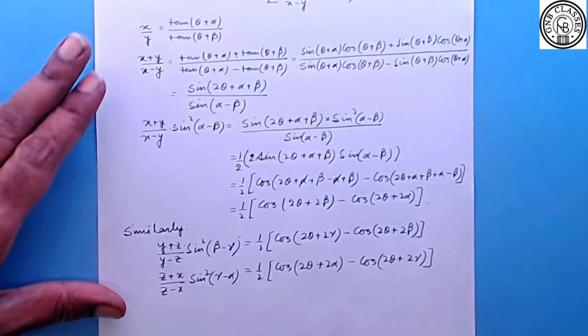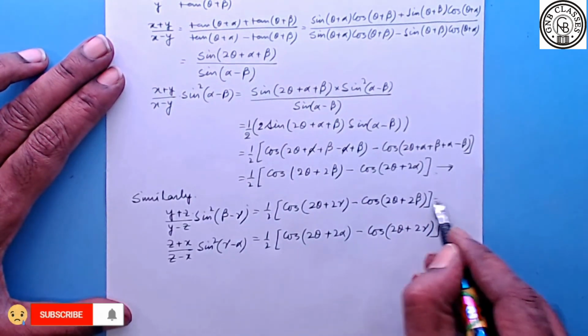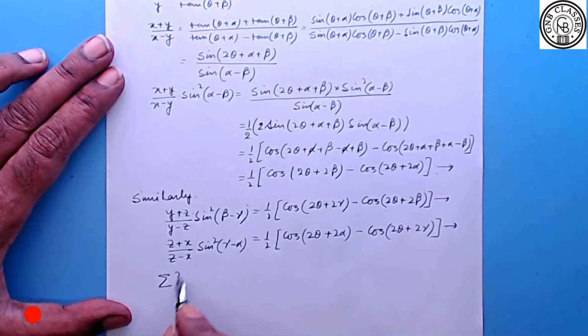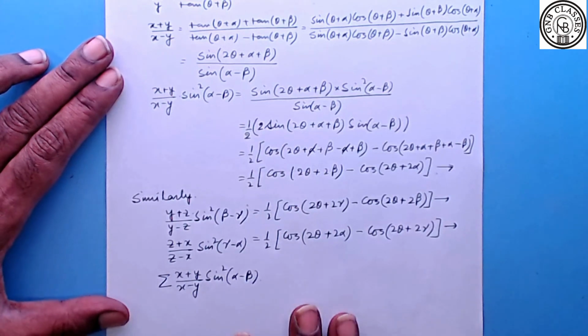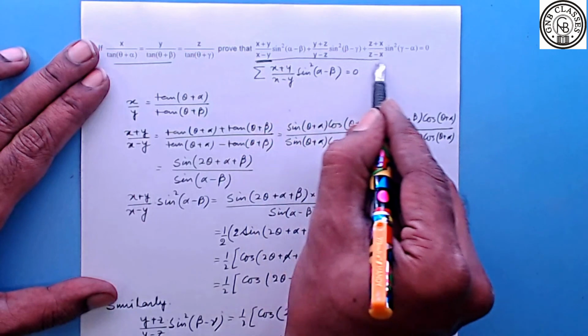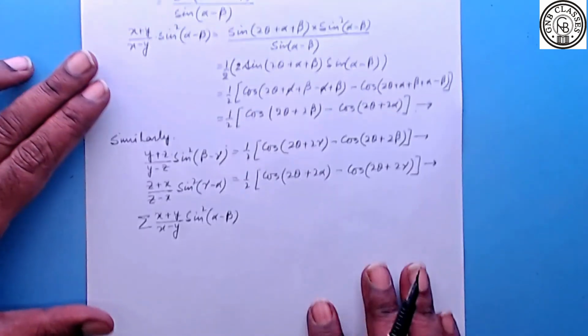Is it okay? Now if I add the corresponding sides of this and this, we are going to have sigma x plus y by x minus y sine square alpha minus beta. As I told you at the beginning of the sum, this whole expression is same as this one in sigma notation. So that's exactly what I have written.